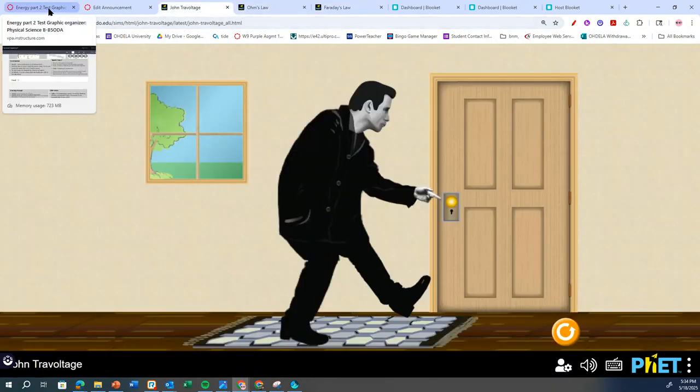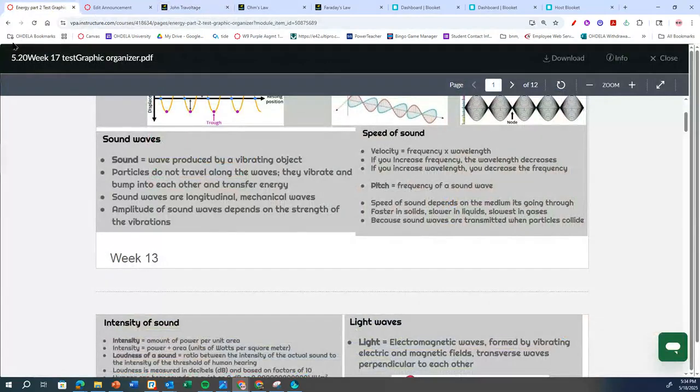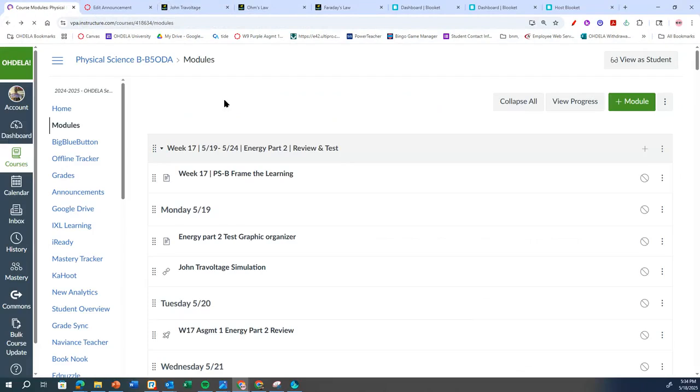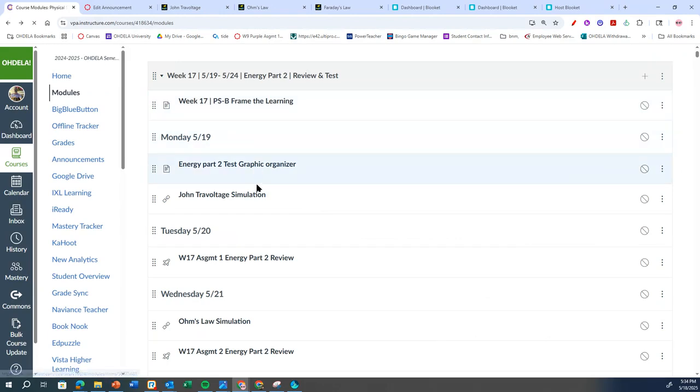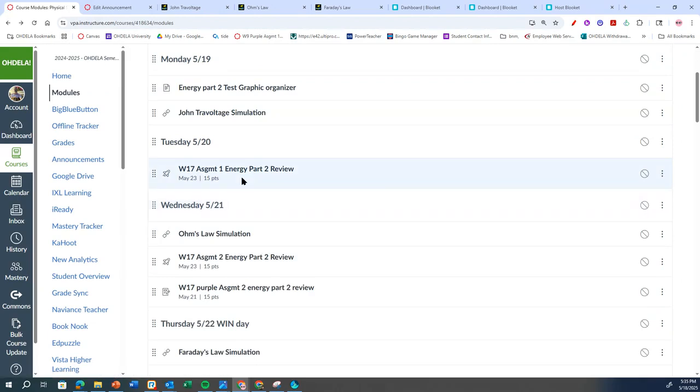All right, if we look at our assignments this week, let's go back over here. Week 17, graphic organizer. Here's the John Travoltage simulator. Week 17, assignment 1, part 2, it's review. There are 15 points of review vocabulary.